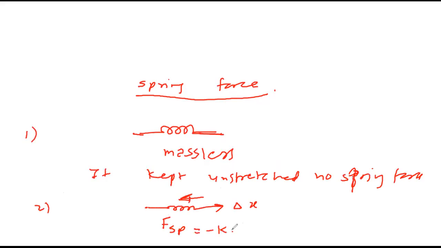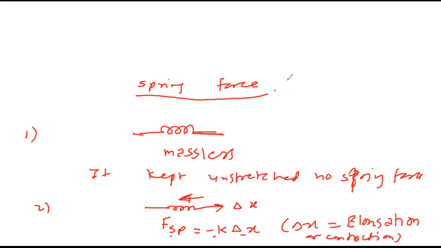So it is called minus k into delta x, where delta x may be elongation or contraction. So whenever we elongate or compress a spring, the spring force will be directly proportional to that change and directed opposite.